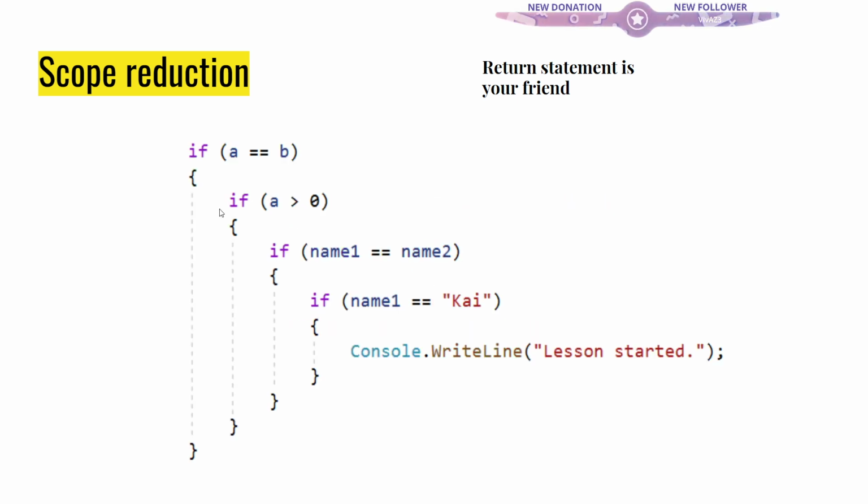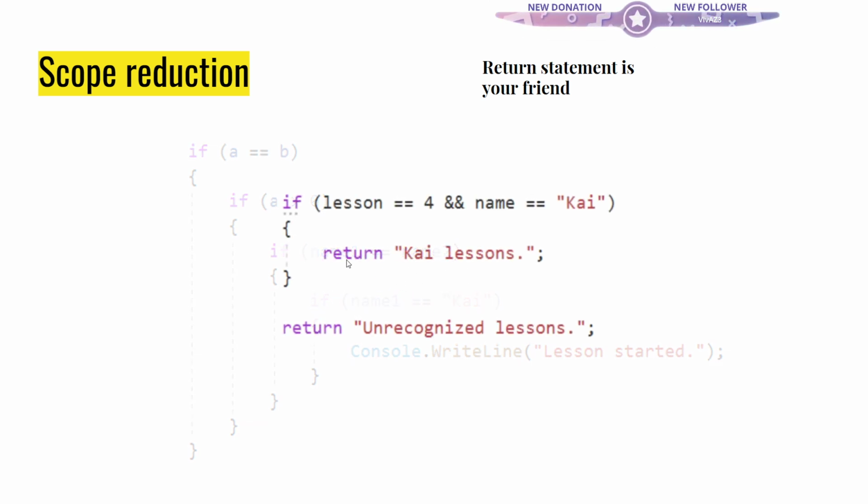The point here: combine those two with an and statement and those two with an and statement again, and use a return statement for canceling the if statement, for not needing the else statement. In live coding I'll give better examples.